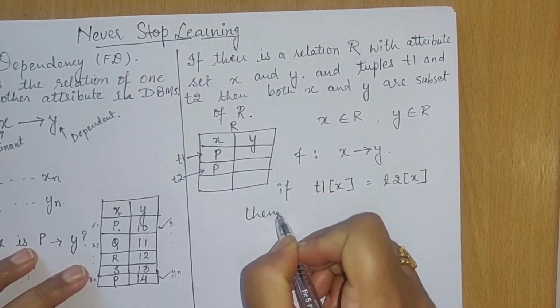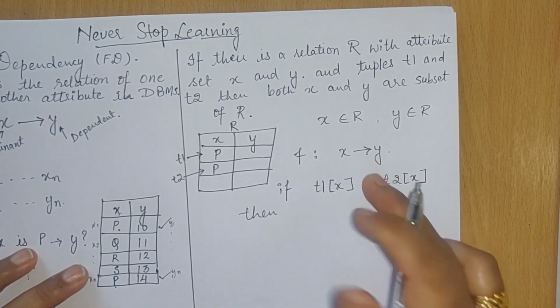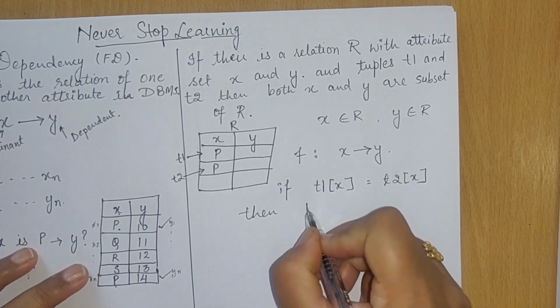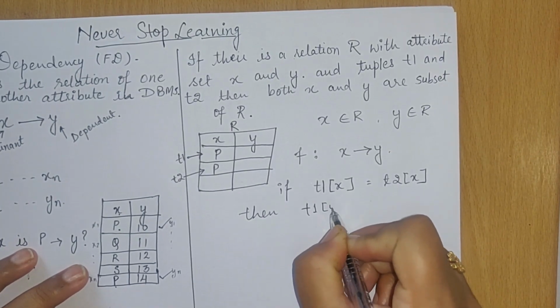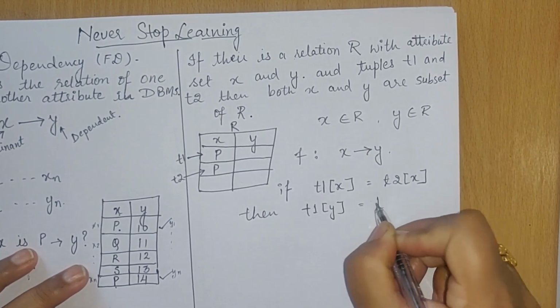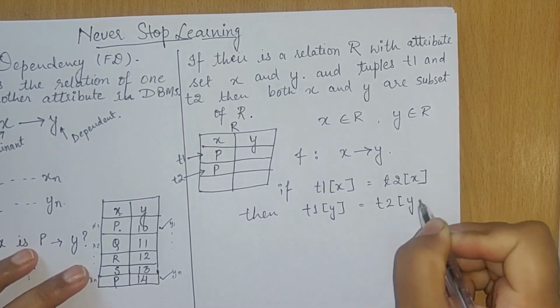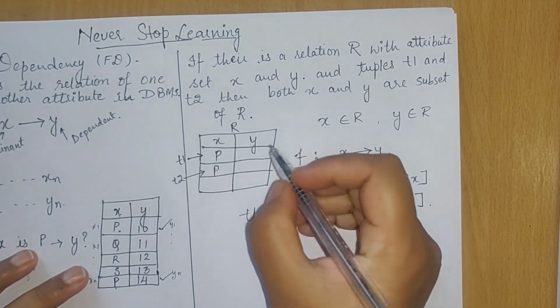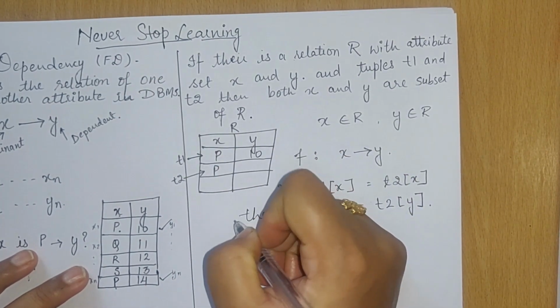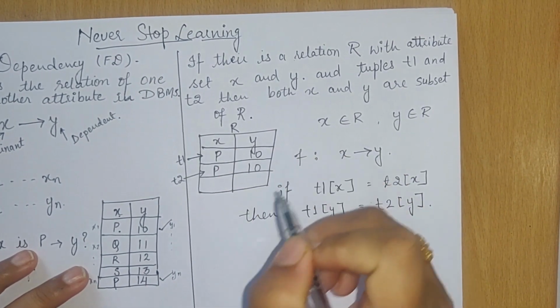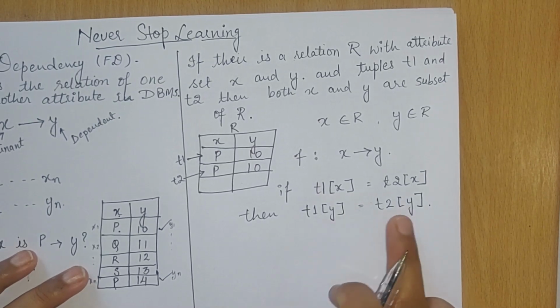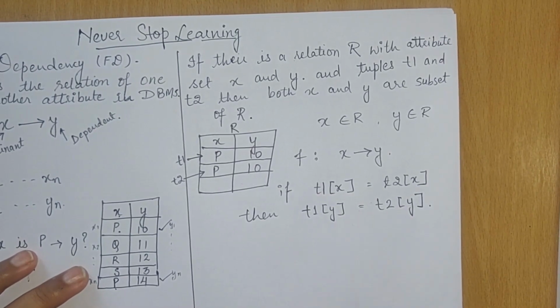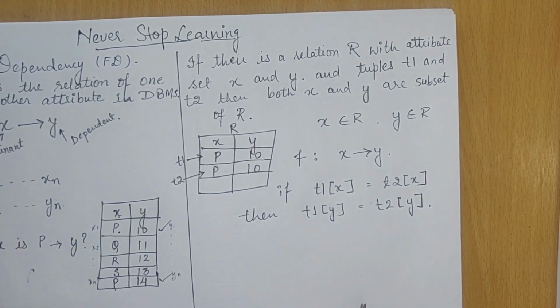Then, if this functional dependency is correct, I should have the same values for T1.Y and T2.Y also. So if the value of P is 10 in one place, in the other place there should also be the same value for P. So this is your functional dependency.